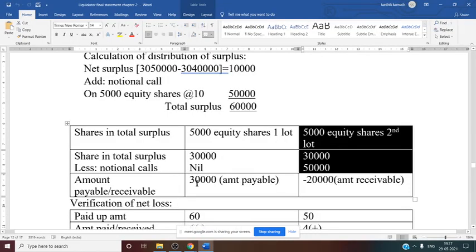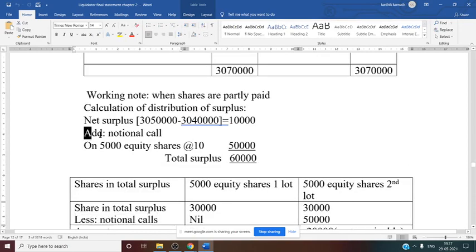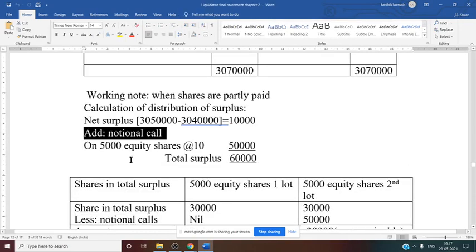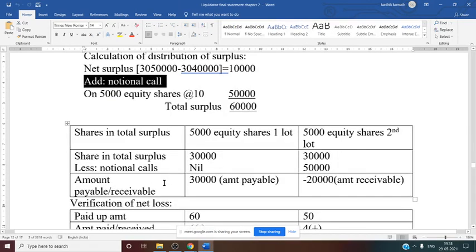That's it. After this you need to deduct the notional call again. Here we have added the notional call, which is an imaginary amount, so now you have to deduct it. First equity lot has the maximum paid up value, that is 60 rupees. In the second lot paid up value is 50 rupees.